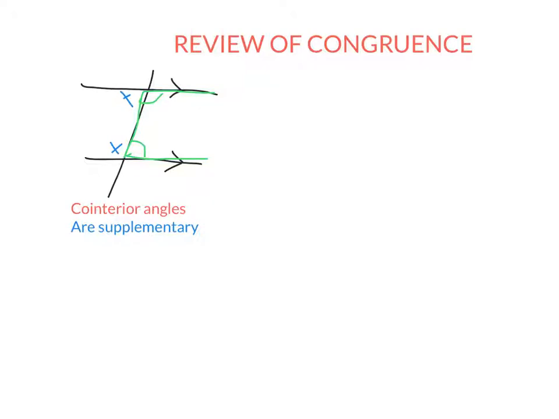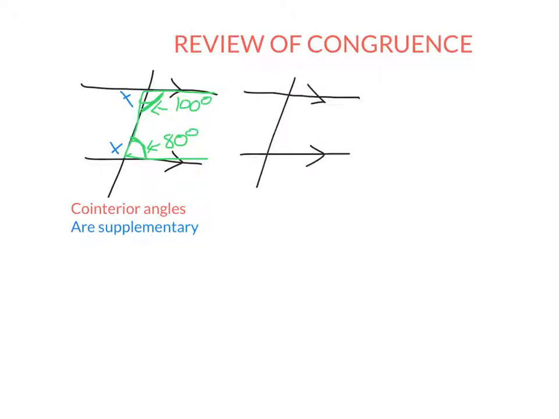When we're talking angles in parallel lines, they are supplementary, meaning they add to 180 degrees. So this angle here and this angle here, both of them add up to 180. If this one here was, say, 100 degrees, then the other one down here would be 80 degrees.